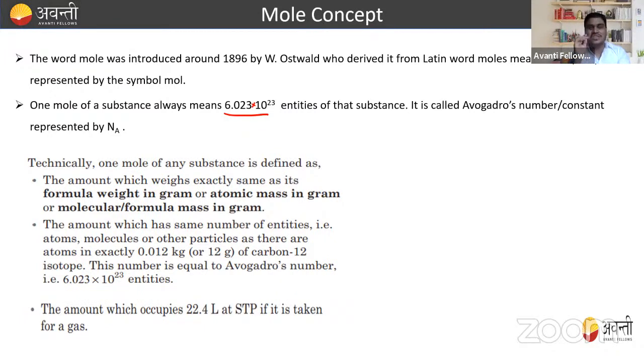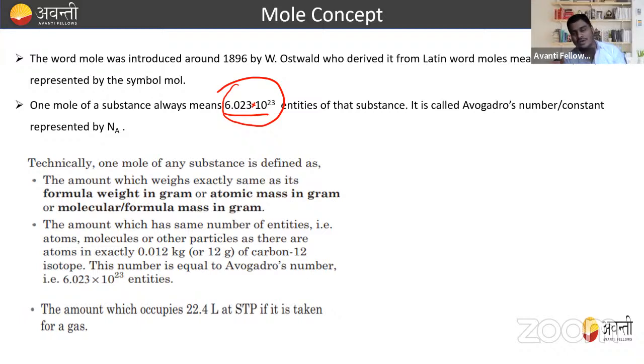It means if someone says 1 mole of hydrogen reacts with 1 mole of oxygen to form water, then 1 mole means 6.023 times 10 to the power 23 atoms of hydrogen react with this much of oxygen to form this much of water.